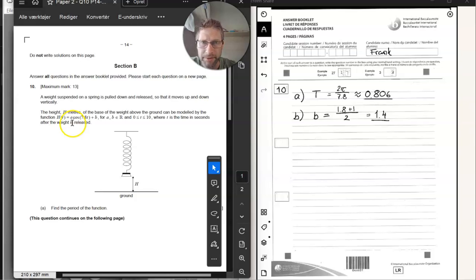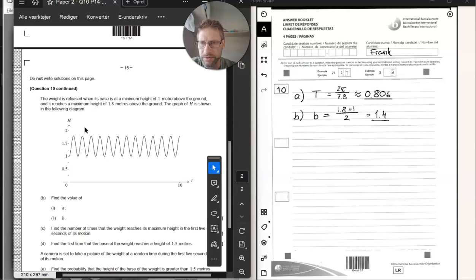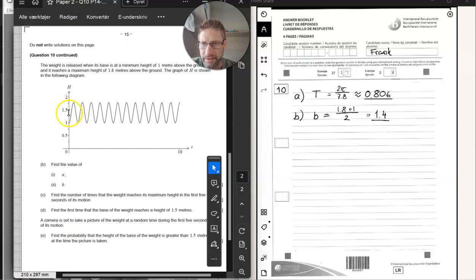A is the amplitude. The number we multiply on the cosine sort of stretches the graph vertically and makes for a higher variation around the average value. And to find that, we sort of just need to see how much this oscillates away from the medium value.